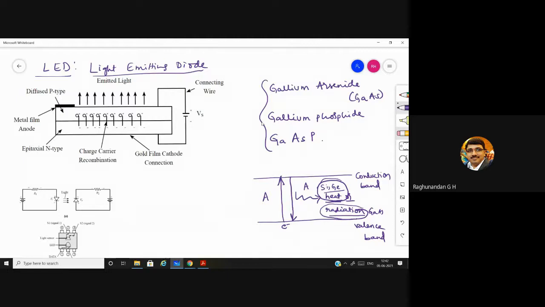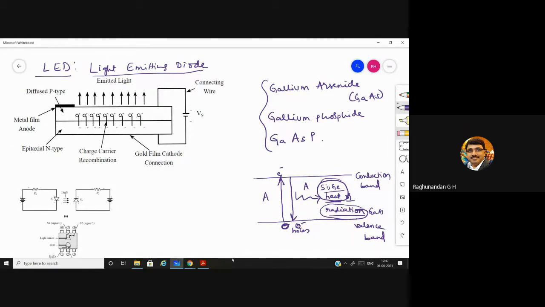And one more thing: whenever an electron leaves the valence band, what will happen? Holes are created. Holes are created, and the electron jumps to the conduction band. When this electron comes back to the valence band, it occupies the vacancy, that is the hole.